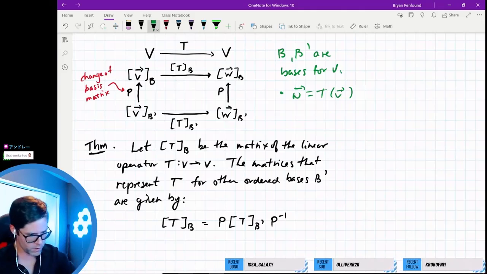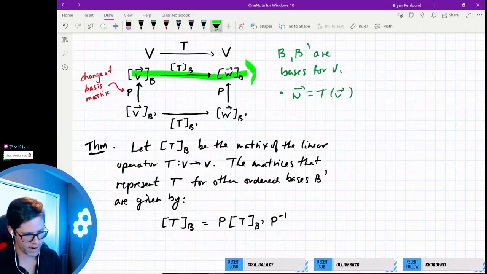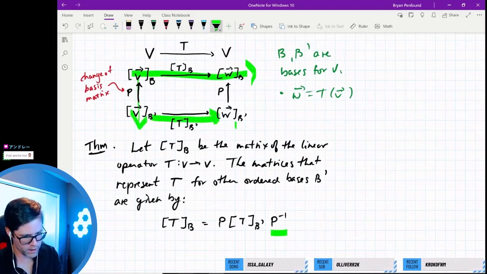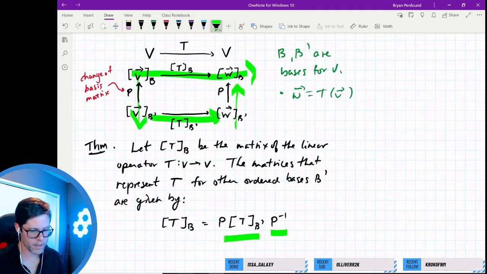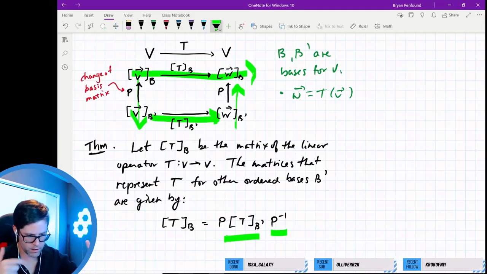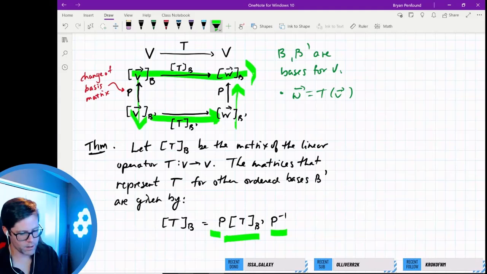So what we want to say is that this action here, this movement in this direction, really should be equal to going P inverse. So we're going to be moving this way, then this way, and then this way. So we're doing P inverse first, then we're connecting V and W with respect to the prime basis, which we know how to do, and then we have P as our change of basis matrix as the last step.